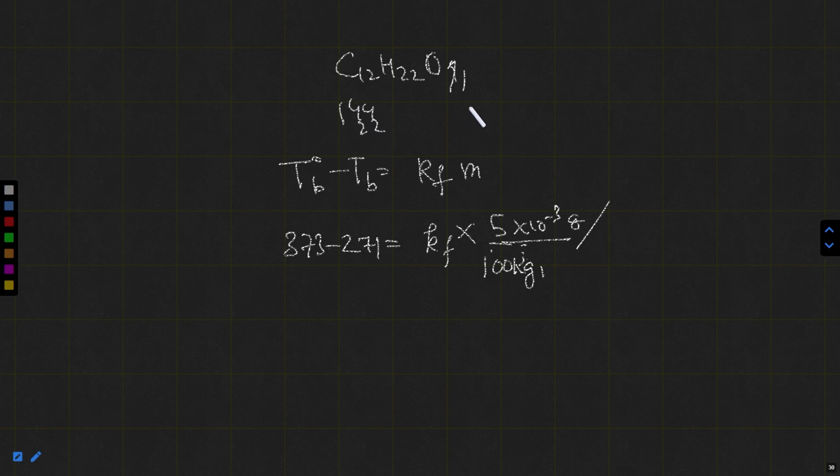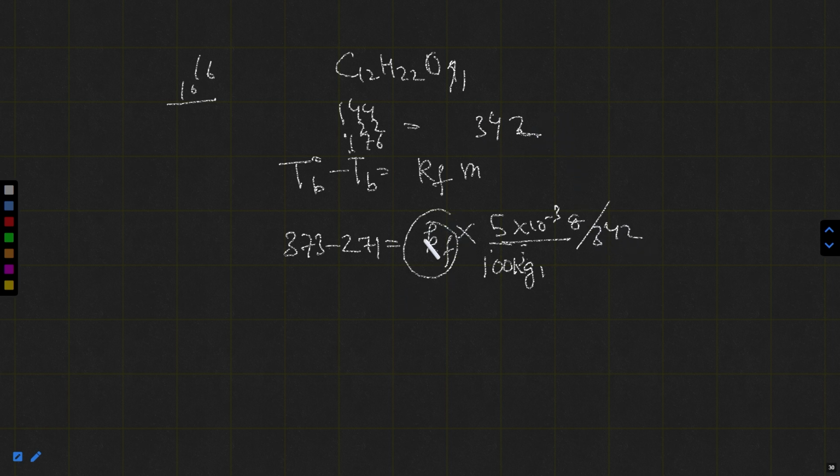Then 22, and 11 into 16 is 176. So the total is 144 plus 22 plus 176, giving 342 gram per mole. So this will be divided by 342.